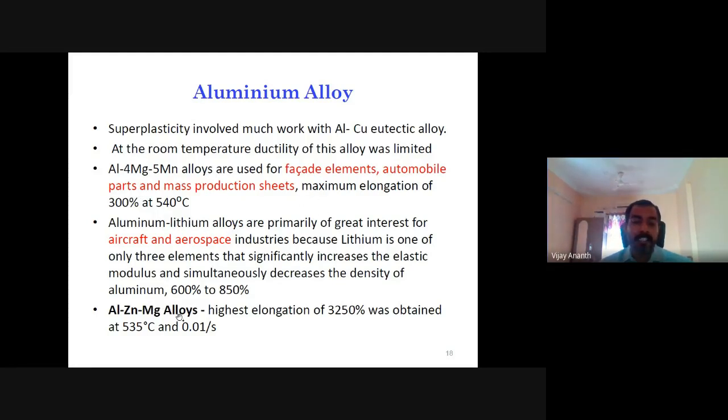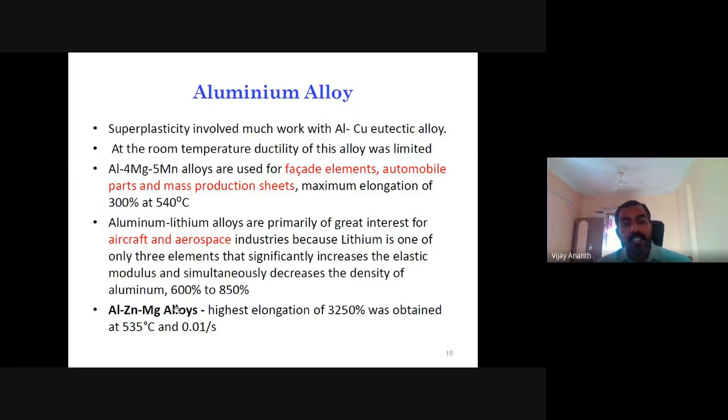600 to 850% elongation can be obtained in this aluminum lithium based material, and again the density is very low. Low density means this metal has very little weight, so it is very useful in the aerospace as well as the aircraft industry.